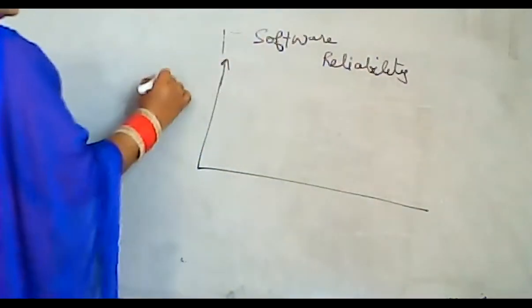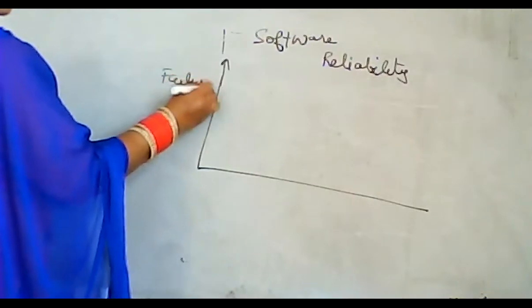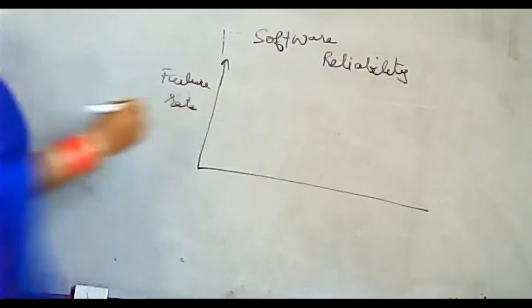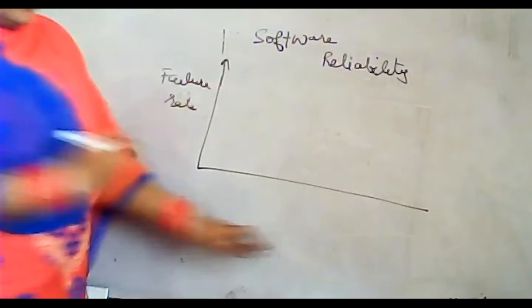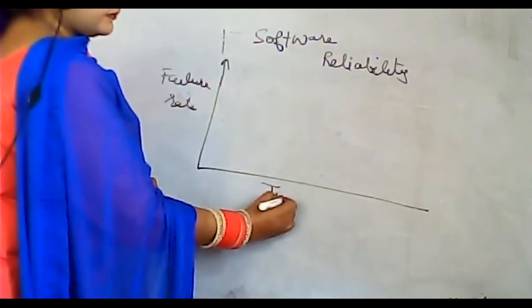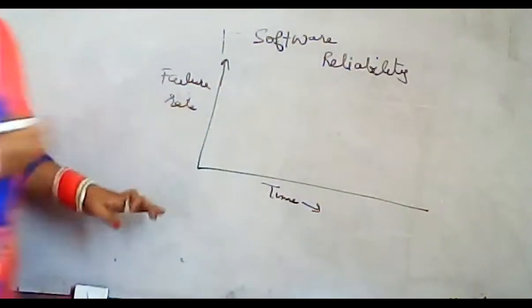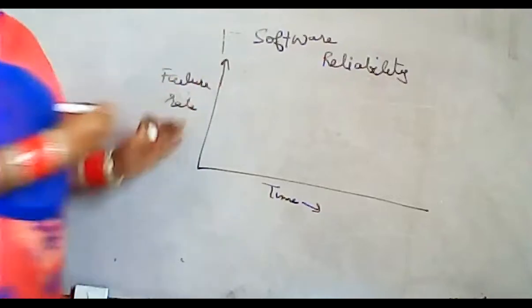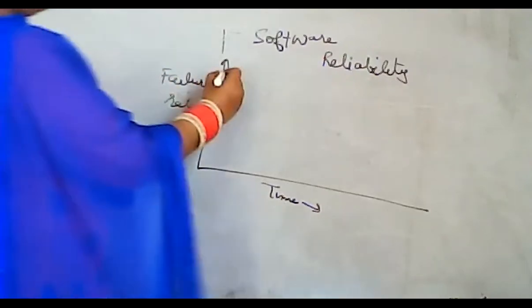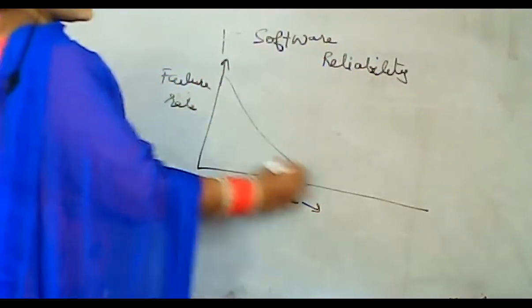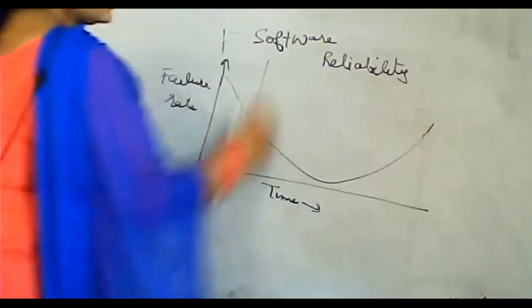Here it is failure rate, and here we have time. And the curve is like this, the bathtub curve.